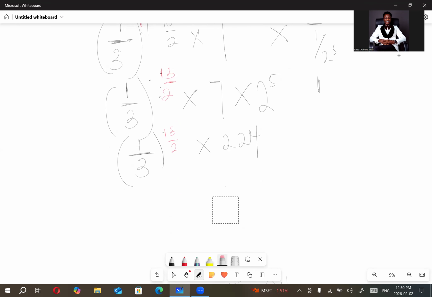So if this is the case, that'll be 1 over 3 exponent 13 over 2. That's what it's going to be. So 3 exponent 13 over 2, times 224. Then if you punch it, you get 0.177.